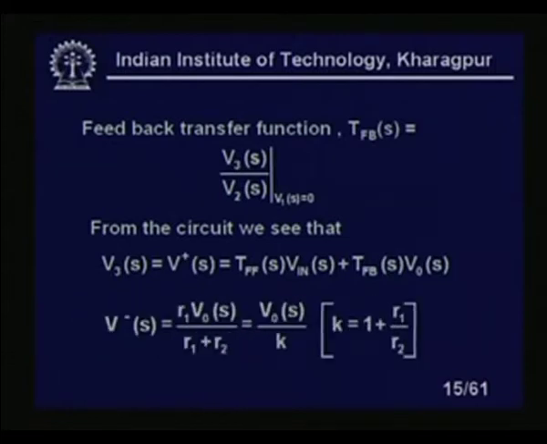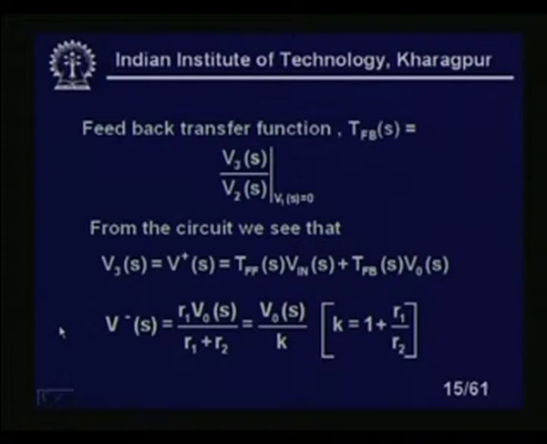From the circuit, we can write that V3(s) equal to V plus (s), that means the positive input of the op amp, equal to TFF(s), feed forward transfer function, multiplied by input Vin(s), plus feedback transfer function TFB(s) into V0(s).